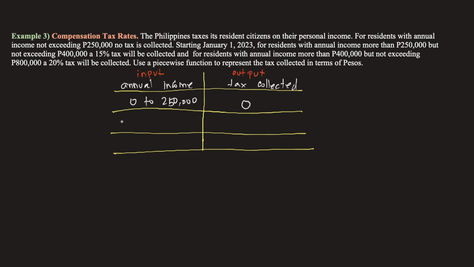If the annual income is more than 250,000 but not exceeding 400,000, let's say our variable, the annual income, will be represented with A. So we have 250,000 less than A, no, it should be more than 250,000 for A, but less than or equal to 400,000.